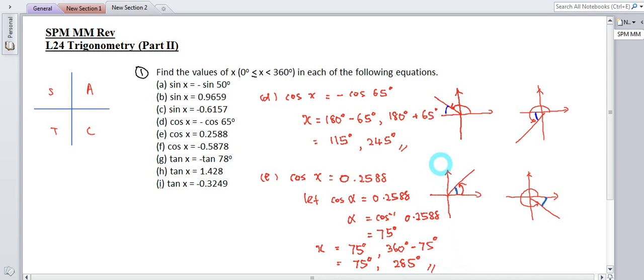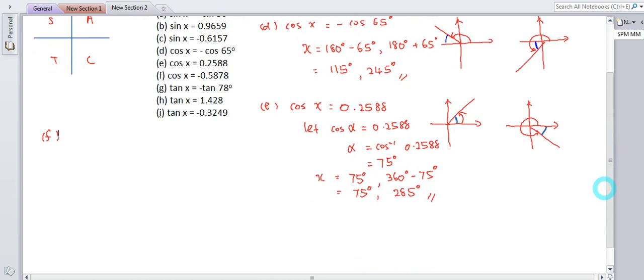Okay, now we go to F. I write over here. Cosine x is equal to negative 0.5878. Okay, same thing, draw two diagrams first.